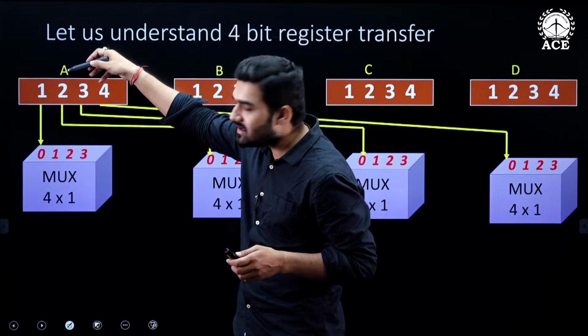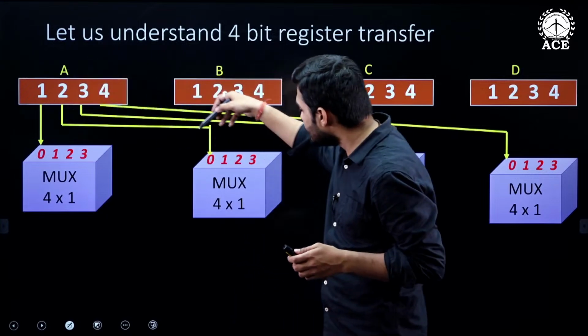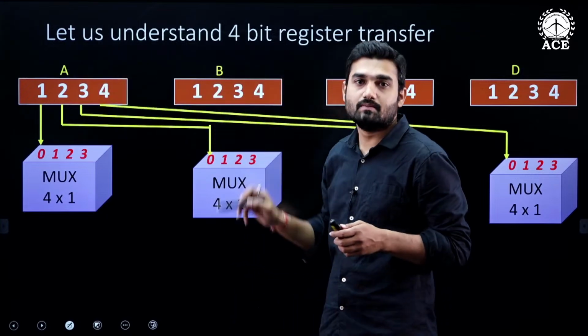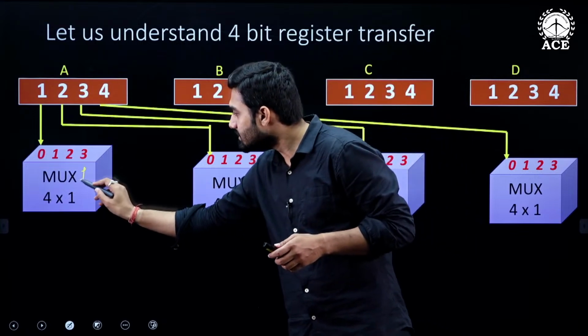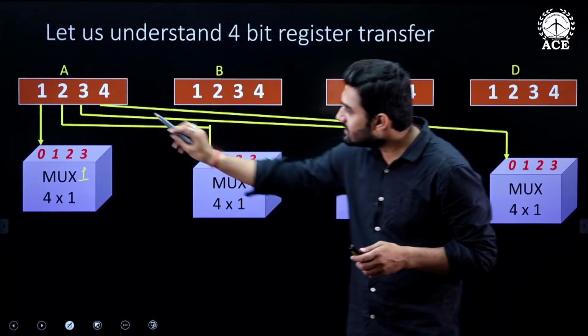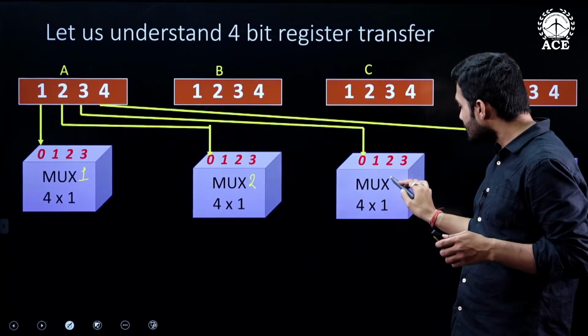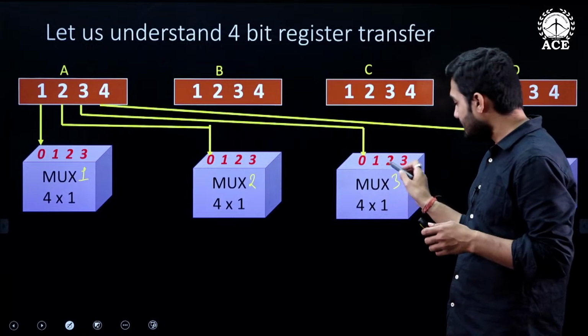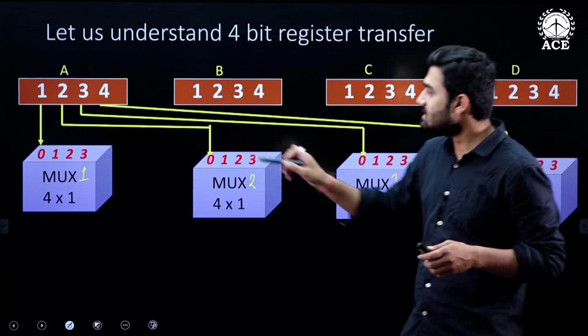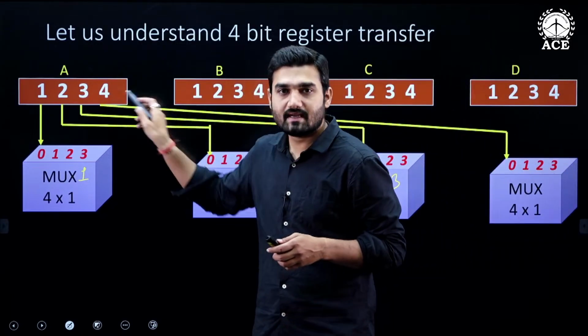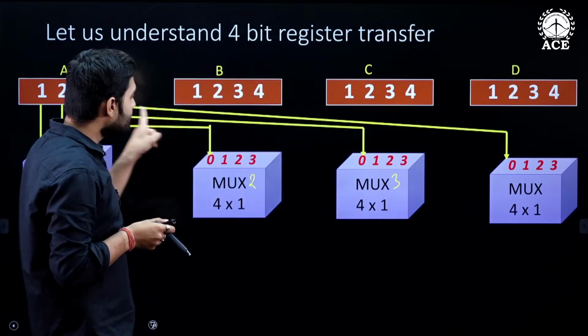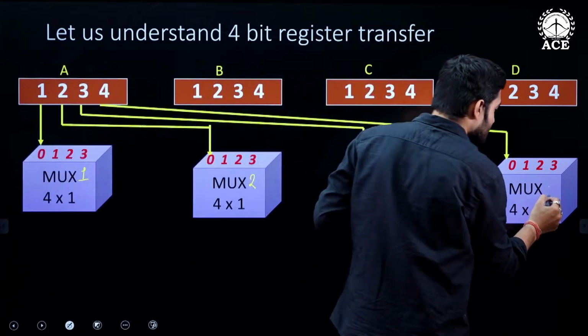The second bit is attached to MUX 1 input. The third bit is attached to MUX 2 input. In the same way, the fourth bit is attached to MUX 3 input.